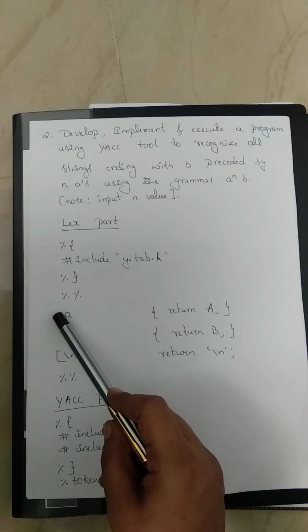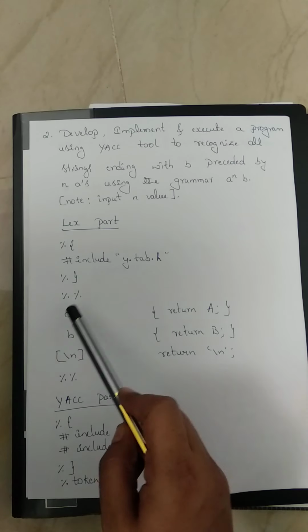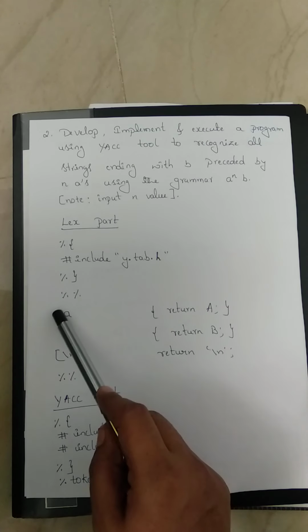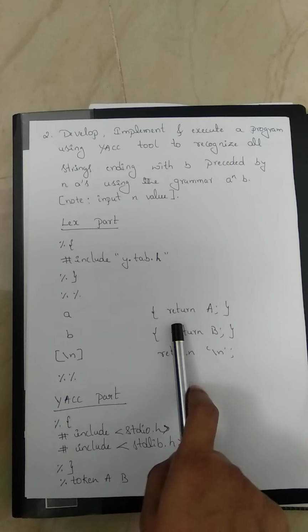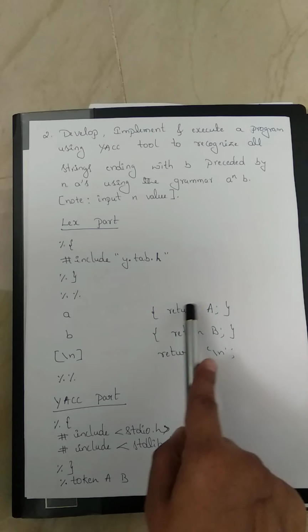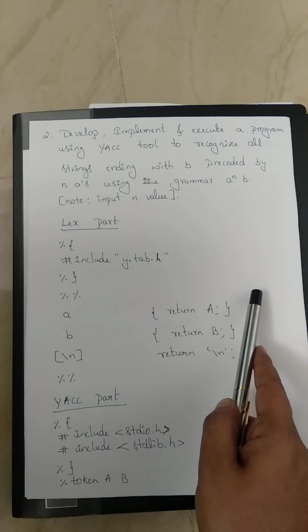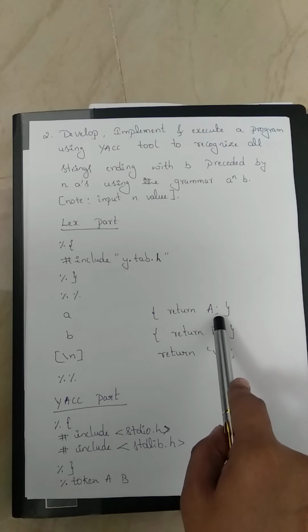When the grammar has A, what action should be taken? It has to return A to the YACC code, and the name of the token is given here as A.